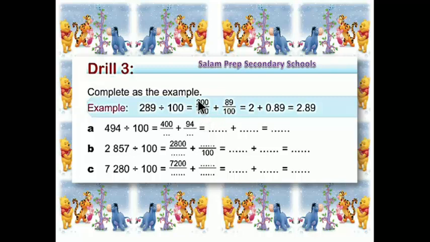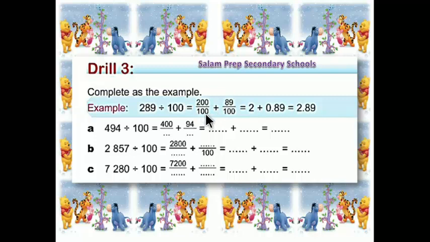We need to make numerator and denominator has 2 zeros in units and tenths, because 100 has 2 zeros, we need to put number has also 2 zeros. So we write 200 over 100 plus 89 over 100.